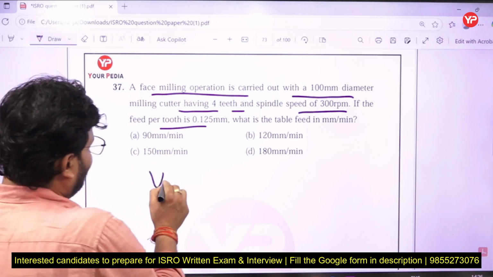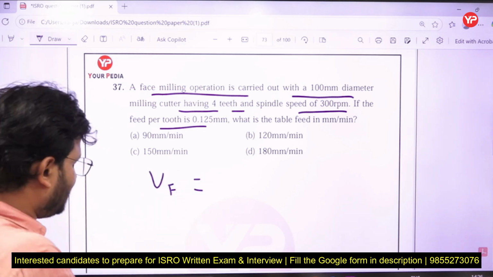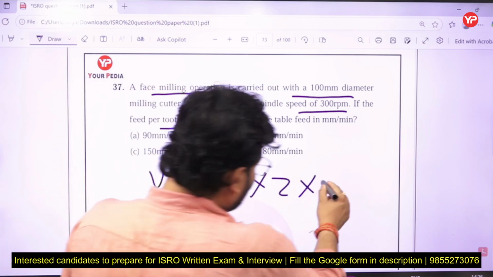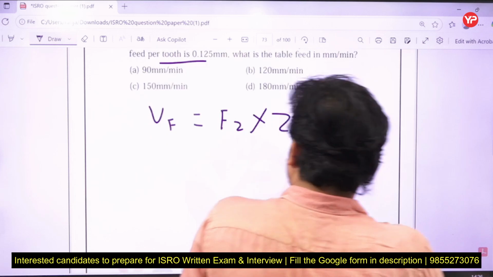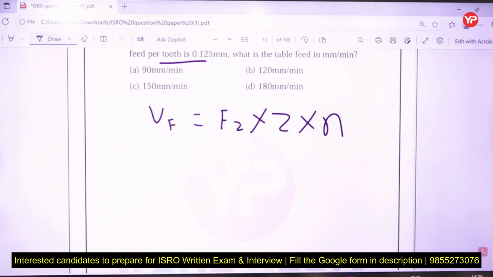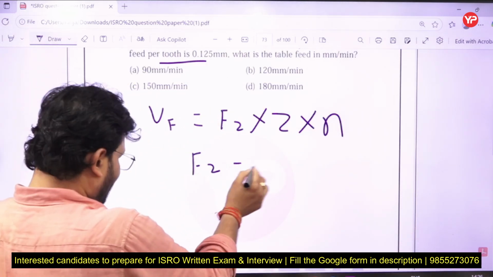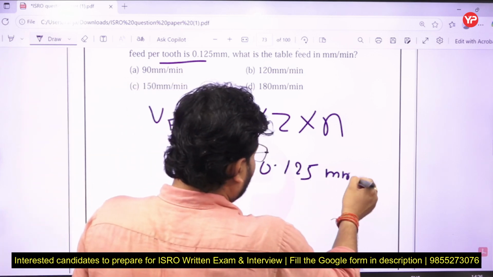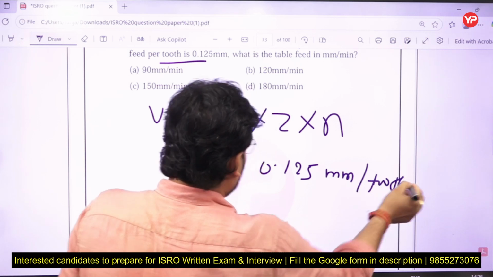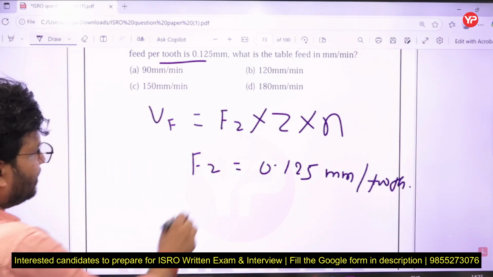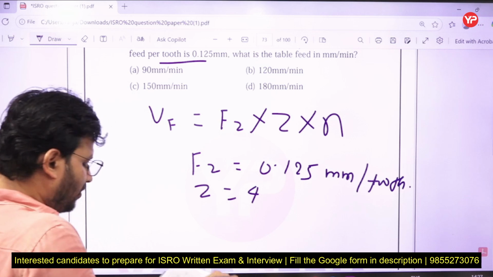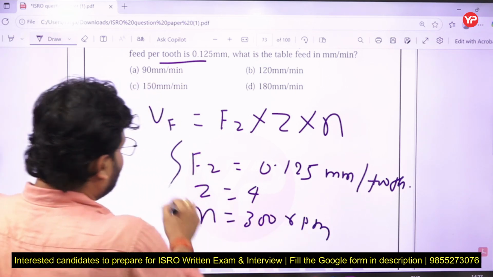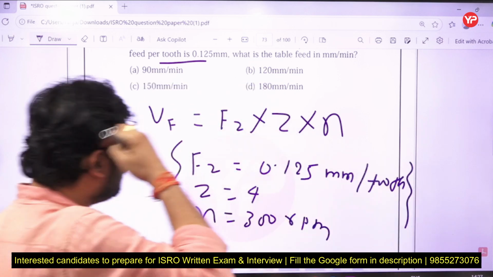So my dear friends, the feed velocity V_f is always given by f_z into z into N. f_z is 0.125 mm per tooth. If you talk about z, this is given as 4, and if you talk about N, this is given as 300 rpm.